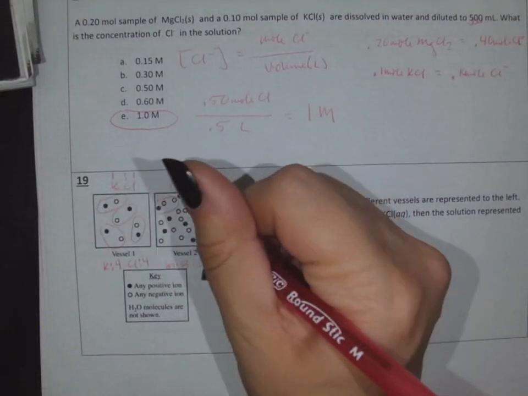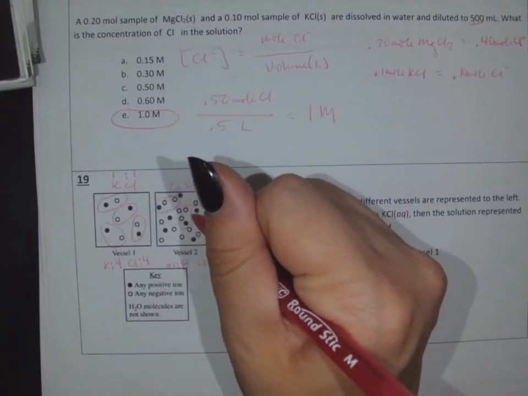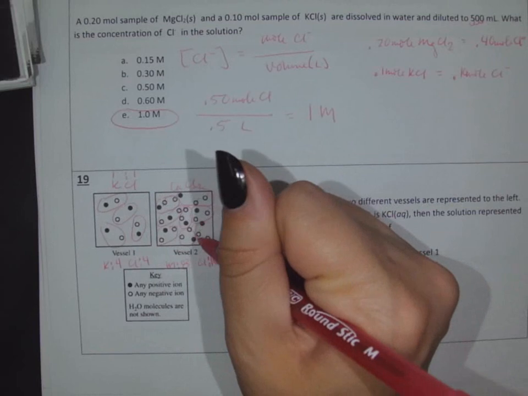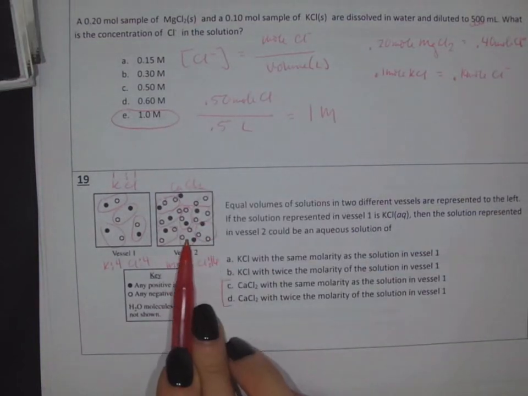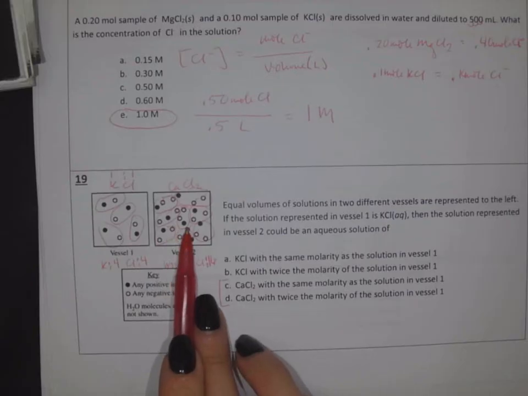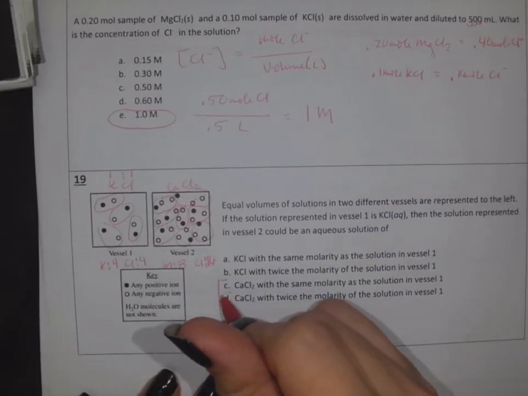We have 8 of them. So the concentration is double over here because we have twice as many combos of this. So it's CaCl2 with twice the molarity as the solution in vessel 1.